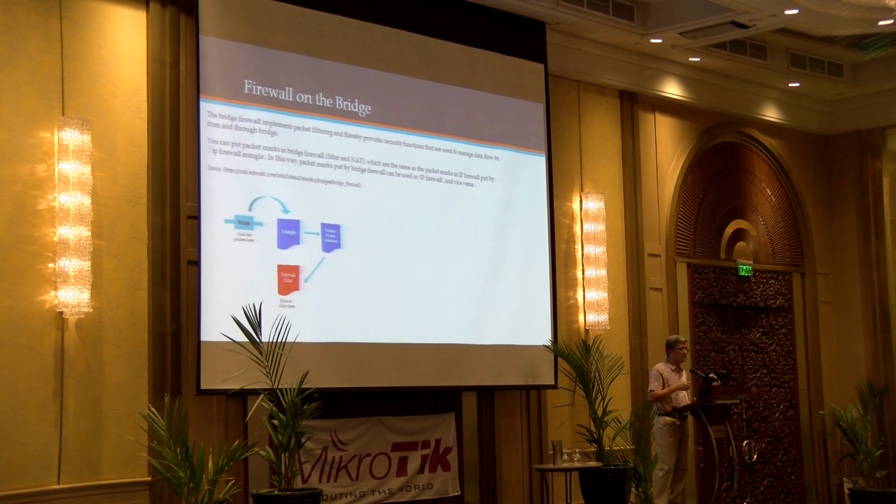Or you can do it via the bridge and directly to the firewall. This is the firewall on the bridge, using the bridge as your firewall packet filtering. Typically, this is what you do. You do the mangle, send it to the bridge, and drop it. Okay, this is what you normally do. Or filter it on the bridge filter and drop it from there.